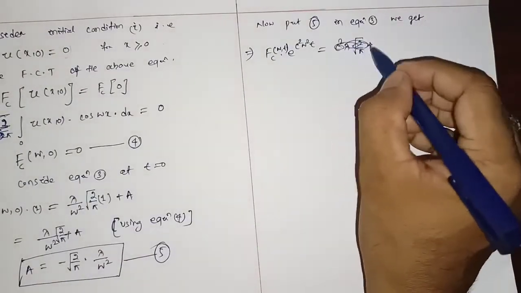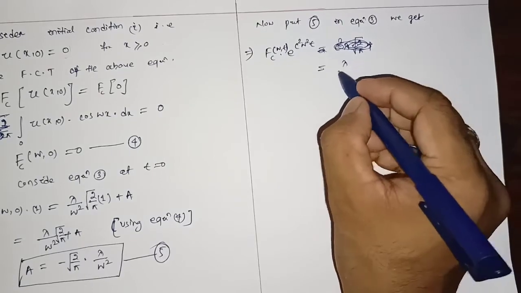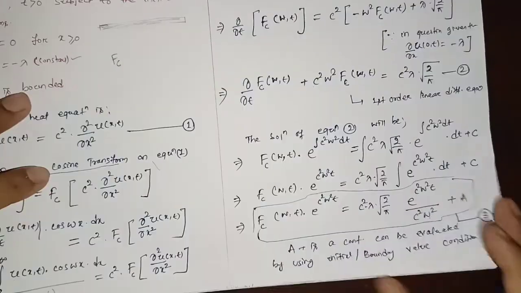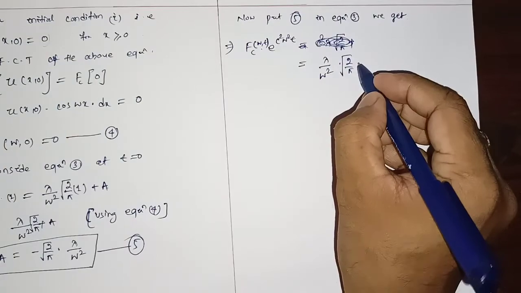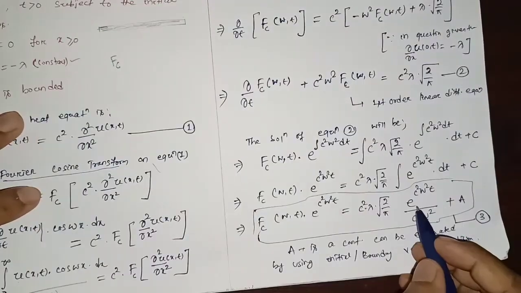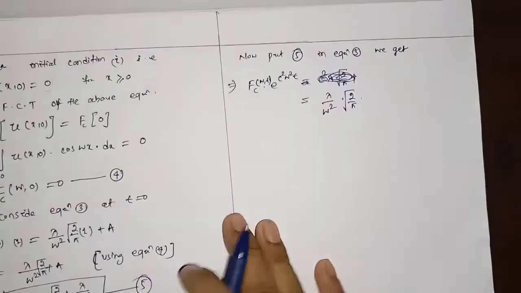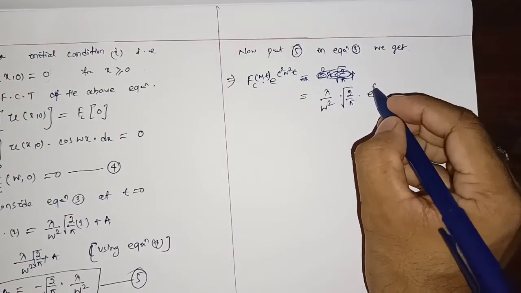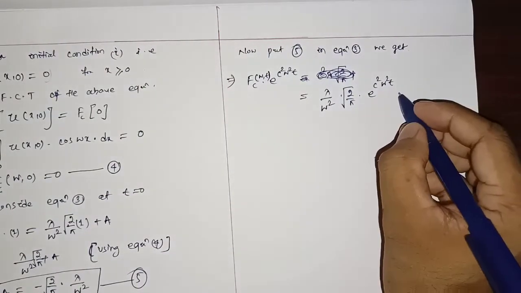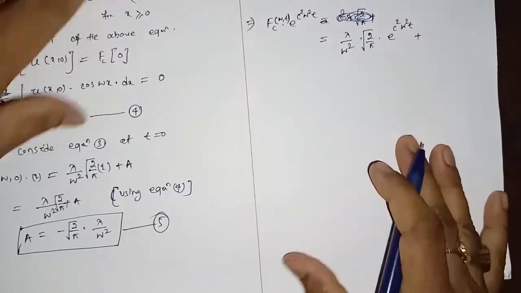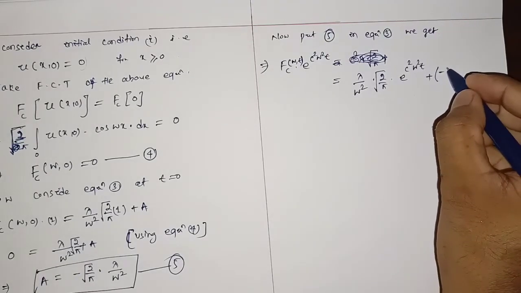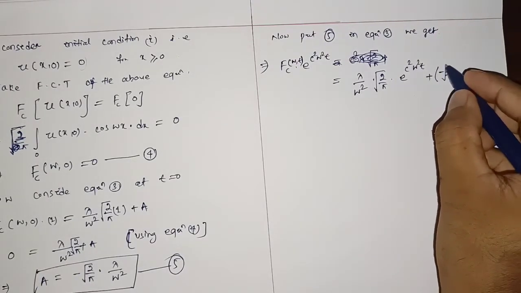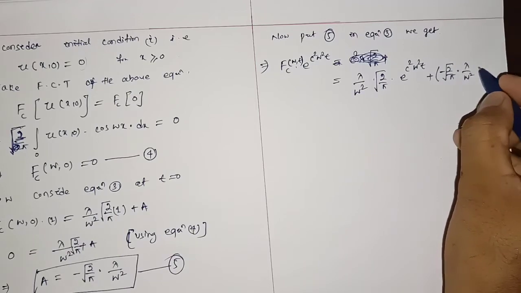So same thing, you have to write: equals lambda by omega square into root over 2 by pi into e to the power minus c square omega square t plus a value we found this one, minus root over 2 by pi into lambda by omega square.